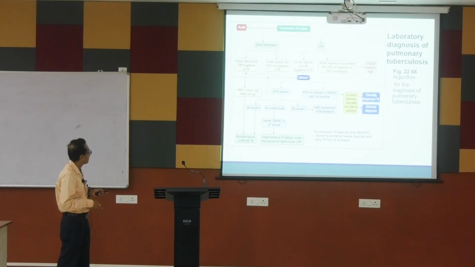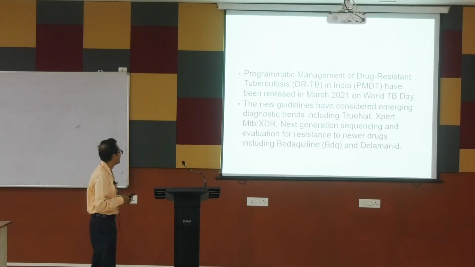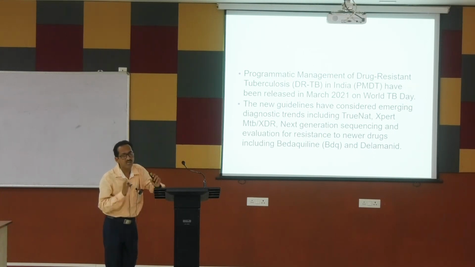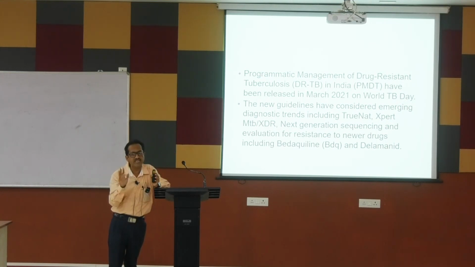This is the same algorithm for the diagnosis. The guidelines on Programmatic Management of Drug-Resistant Tuberculosis in India were released in March 2021 on World TB Day. The new guideline has considered emerging diagnostic trends, TrueNAT or GeneXpert. Both TrueNAT and GeneXpert are CBNAT. These are the two commercial names.